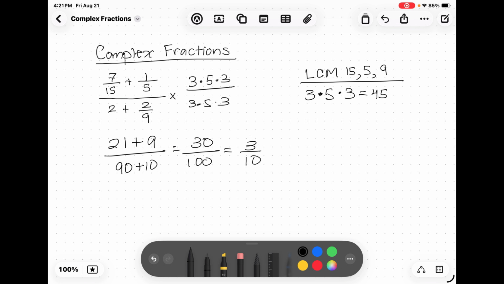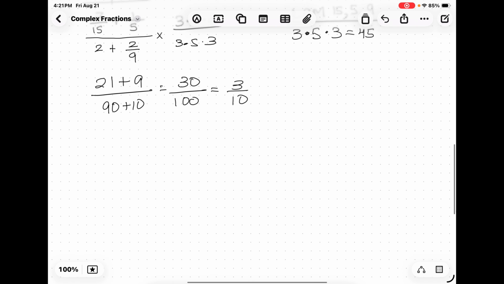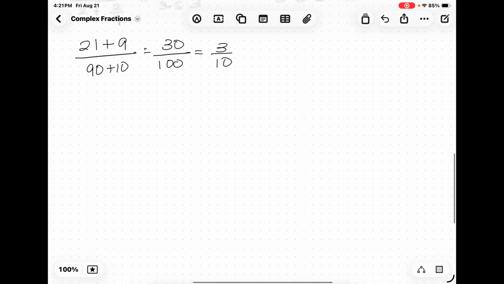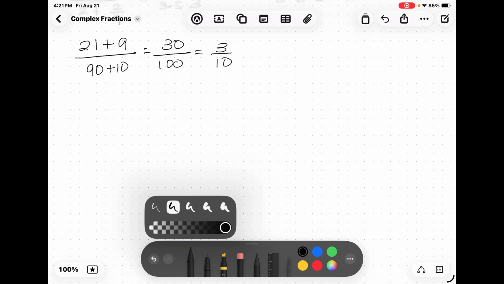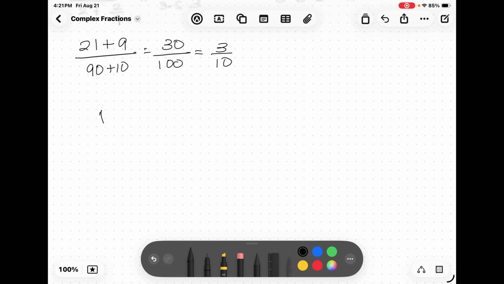Complex fractions. Let's look here. 1 minus m to the negative 1 over 1 minus m to the negative 2.